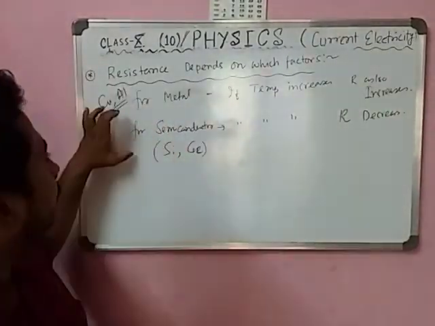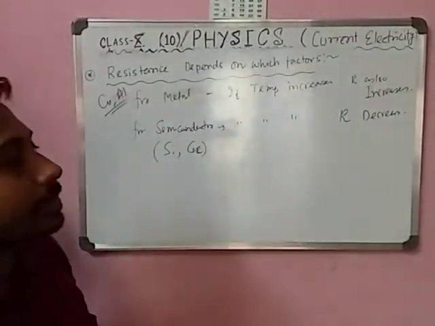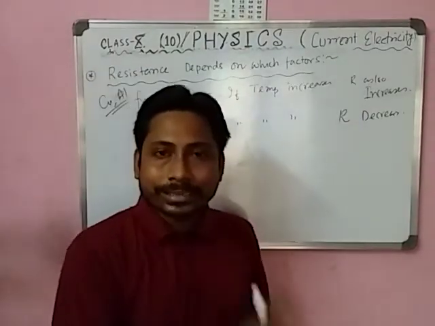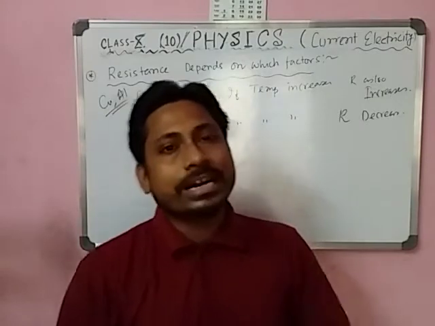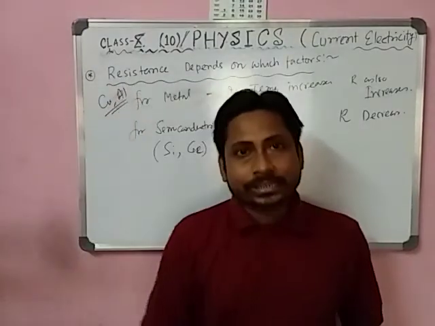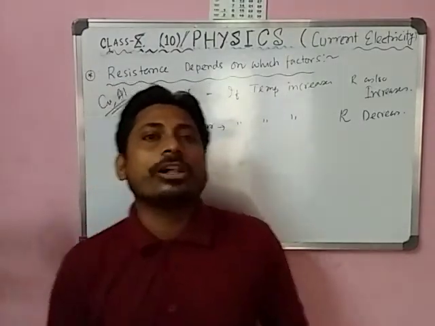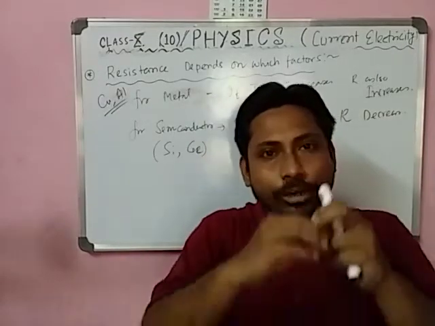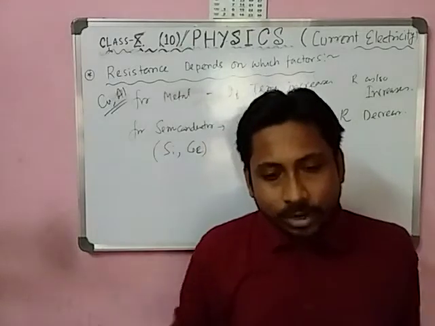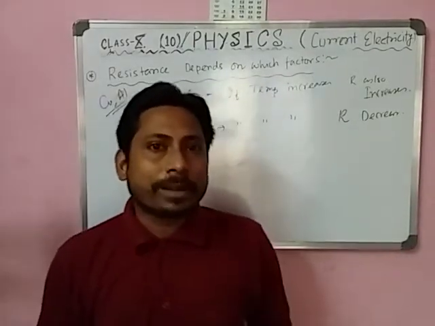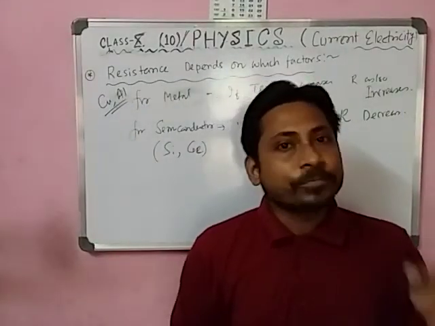So resistance depends on temperature, and the last thing is that resistance also depends on the material. For good conductors like copper and aluminium, resistance is low. We use these conductors for forming circuits and connecting wires because the resistance is very low.